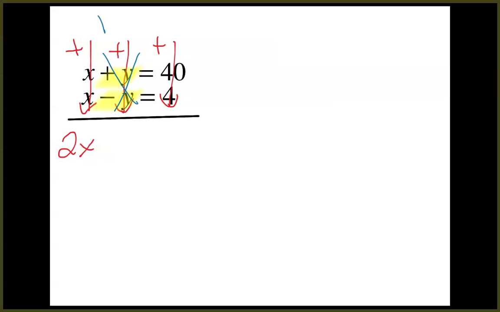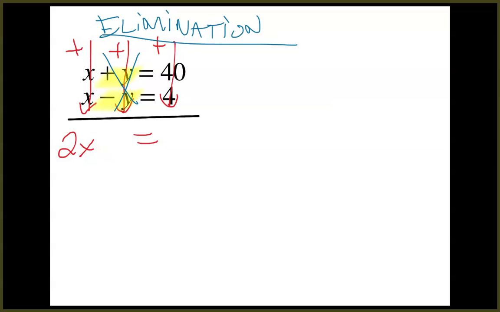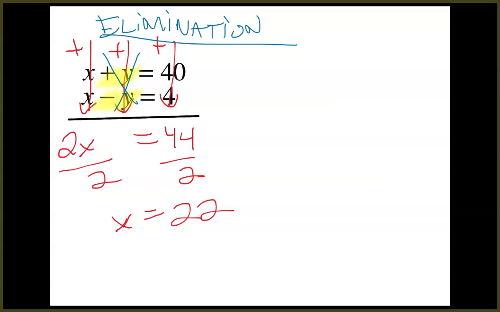And do you see why it's called the elimination method? Yes, because we just eliminated the y's. What do we have left? Well, just 2x on the left side and 40 plus 4 on the other side. And watch how easy this is to solve. You just divide both sides by 2, and you get x equals 22. And we're halfway done with this problem.